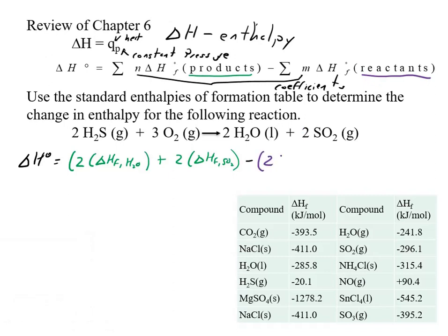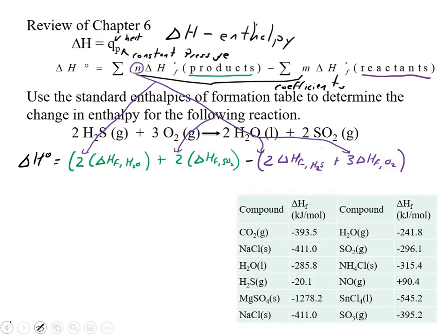It's going to be 2 times the delta H of formation for H2S, plus 3 times the delta H of formation of O2. So basically, this coefficient here goes to, well, this is the wrong one, but here and here and here and here. So I just basically list all my products first, times the coefficients in front of the chemical equation, minus the chemicals in the back. Okay?